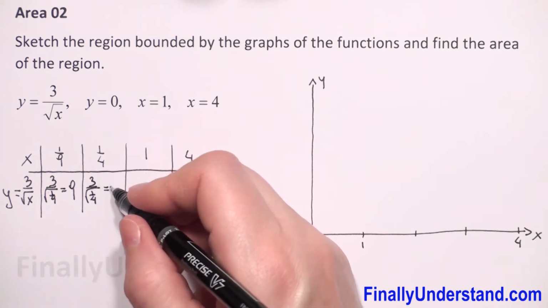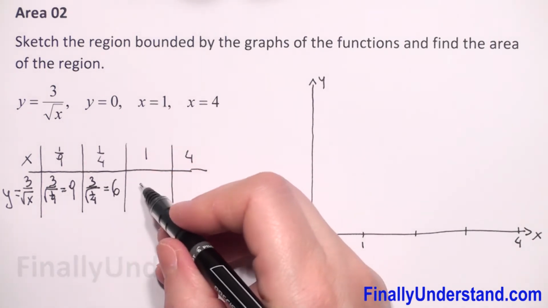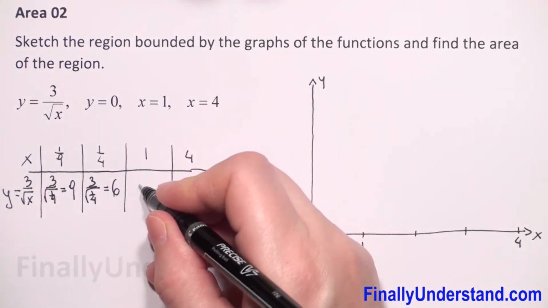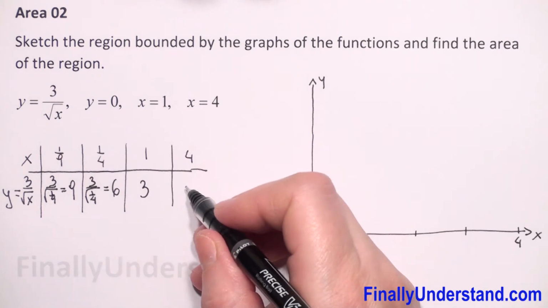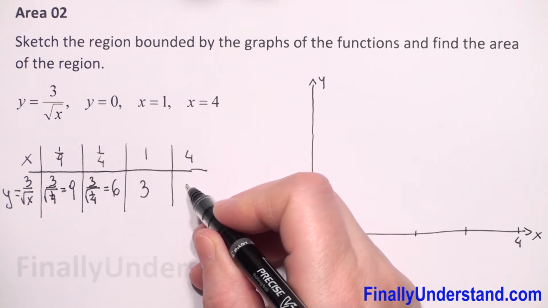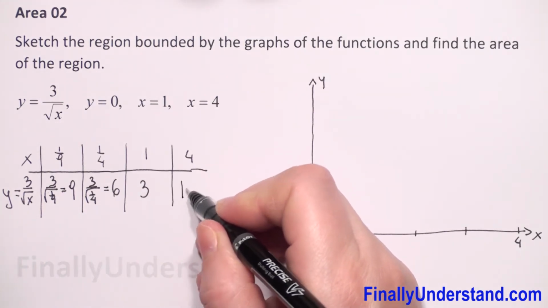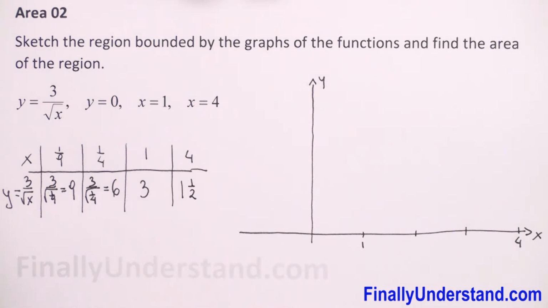So we have 3 times 2 is 6. For x equals 1 we will have 3 over 1, so this is 3. And for x equals 4 we will have 3 over square root of 4, which is 2. So we have 3 over 2, which is 1.5.